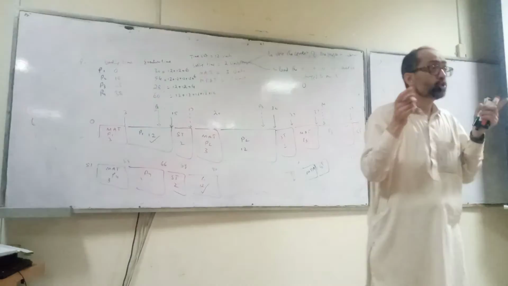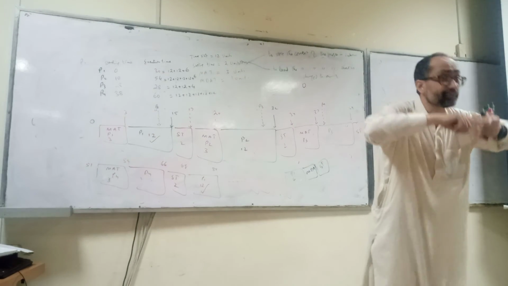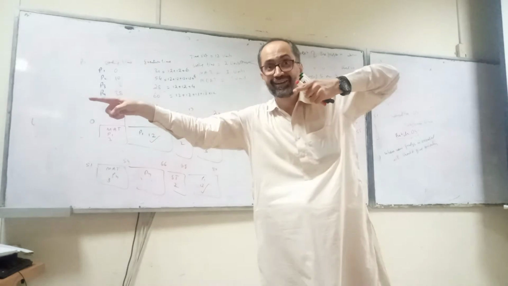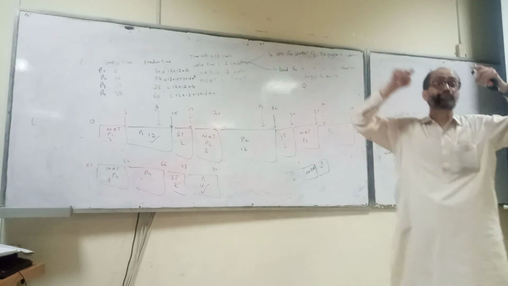You may also consider this thing. Okay? Yes. So now, the switching time consists of 2 time components. Which component? To store the context of the program that is interrupted, and to load the context of the program that is ready.